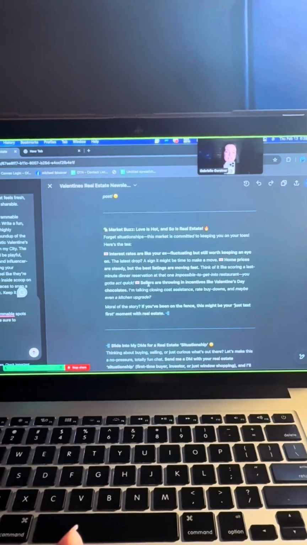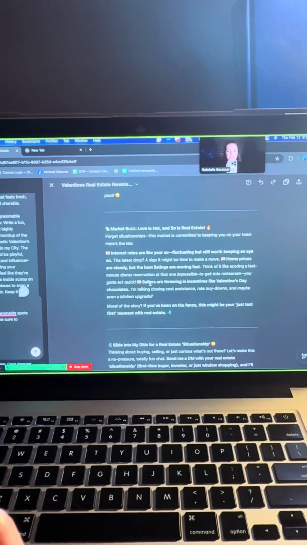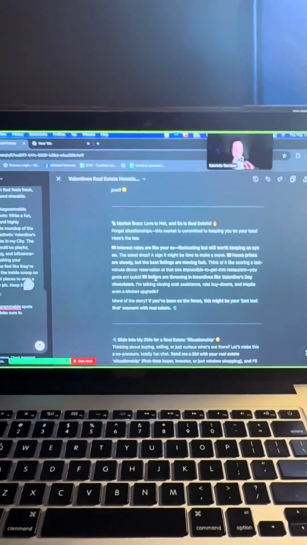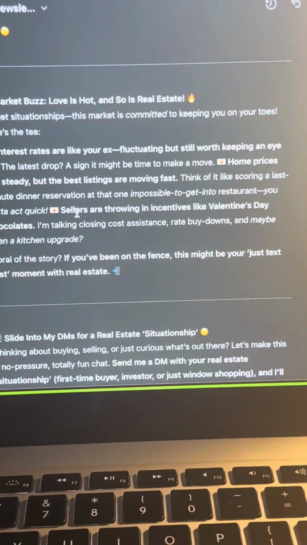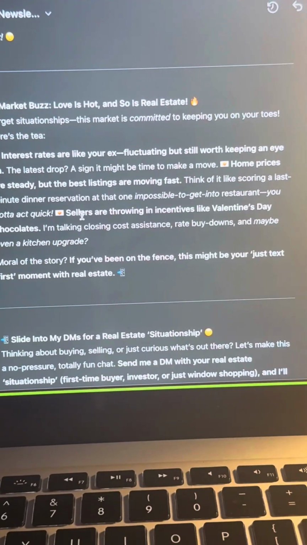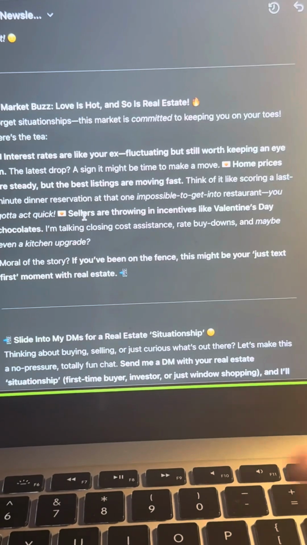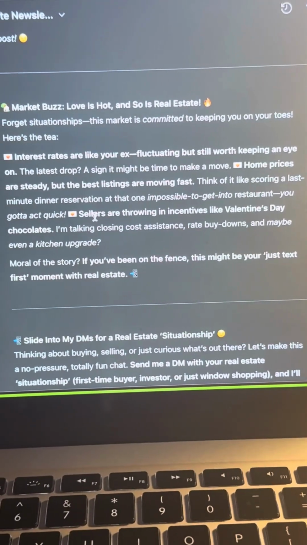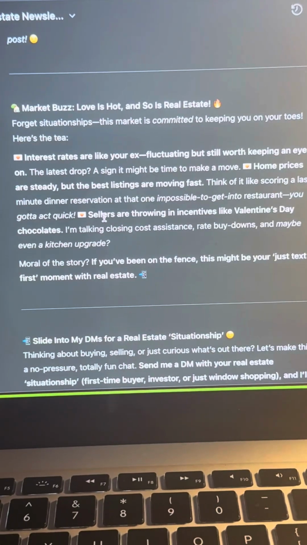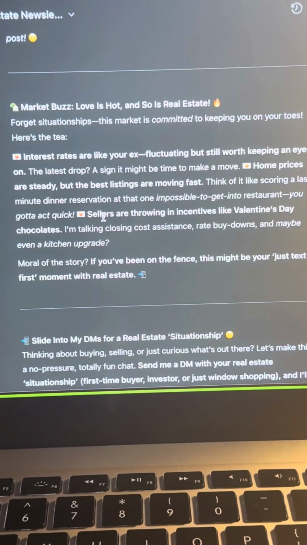Market buzz, love is hot, and so is real estate. Forget situationships. This market is committed to keeping you on your toes. Here's the tea. Interest rates are like your ex, fluctuating but still worth keeping an eye on. The latest drop, a sign it might be time to make a move. Home prices are steady, but the best listings are moving fast.